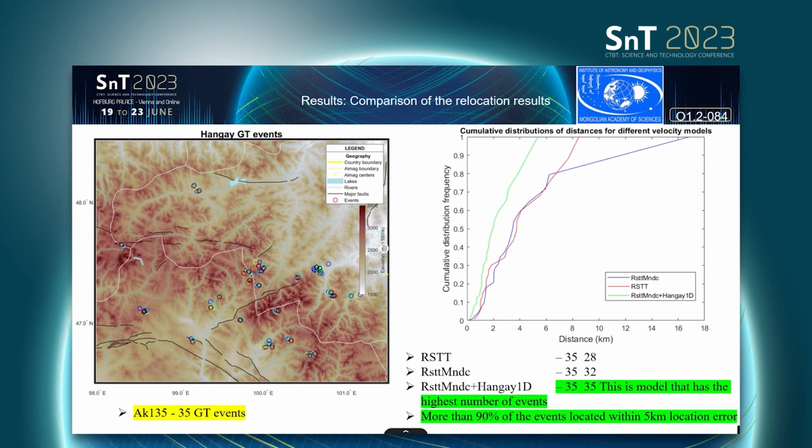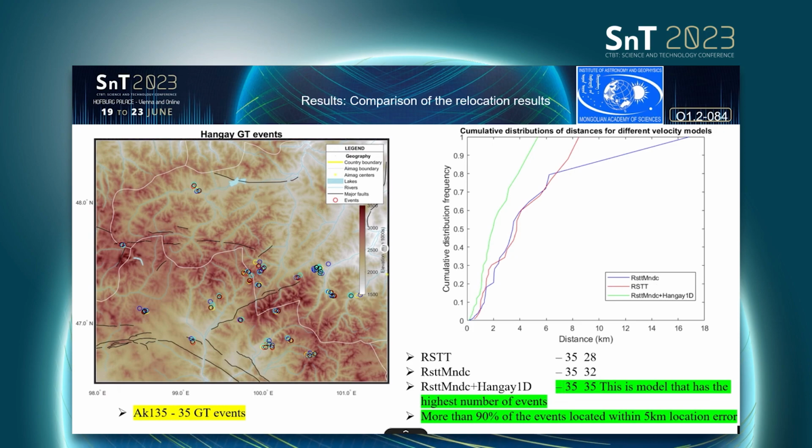Okay, here in the first figure, the GT events and the relocation results are shown. In the first graph is the cumulative distribution of distances. I relocated the GT events first with RSTT, and 28 events are relocated with it.